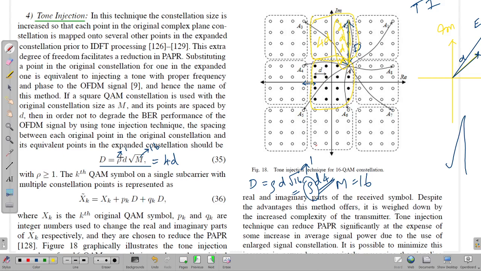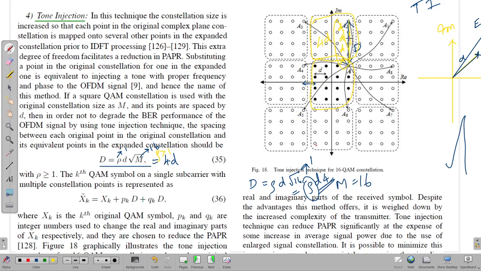And what is the significance of this factor rho? Rho, we have taken it as 1, but rho can be even greater than 1. If rho is greater than 1, it means that you have more distance of separation between the original point and the extended point. D will become greater than 4d, and as such you can observe that the points will move even farther away.